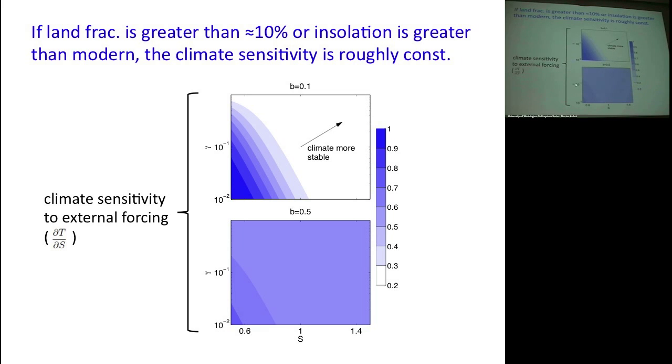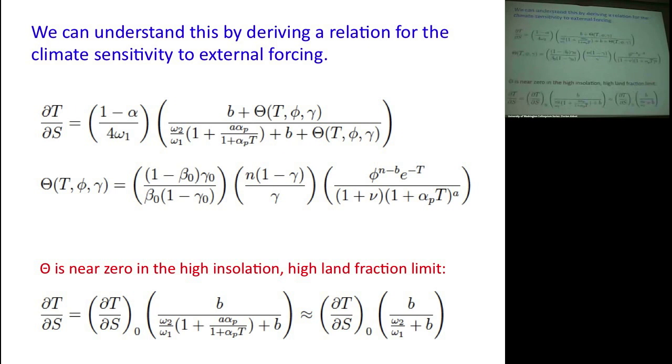This is the land fraction, so this is 10%, 1%, 100%. And you can see there are these broad regions where dTdS, this climate sensitivity to external forcing parameter, is roughly constant in both cases. And they tend to happen when the planet is warmer. And the planet might be warmer because you make the land fraction smaller, or it might be warmer just because you increase the insolation.